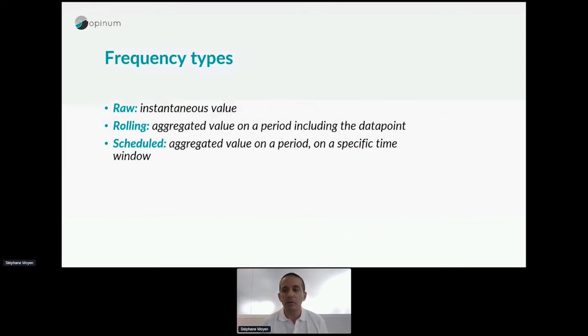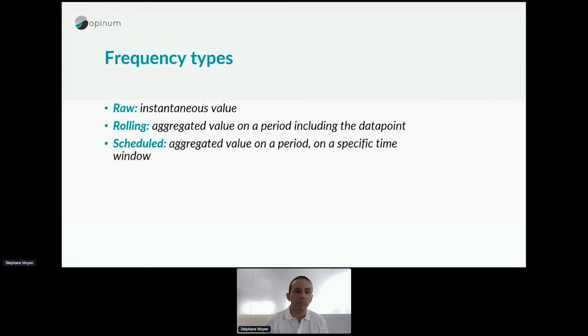Last, before I go into the details and some examples, is the frequency type. So you have the possibility to have 3 different frequency types. The first one is a raw type, in which you're looking for instantaneous values. So I'm looking at the value right at the time when I'm looking at it, without any sort of aggregation.